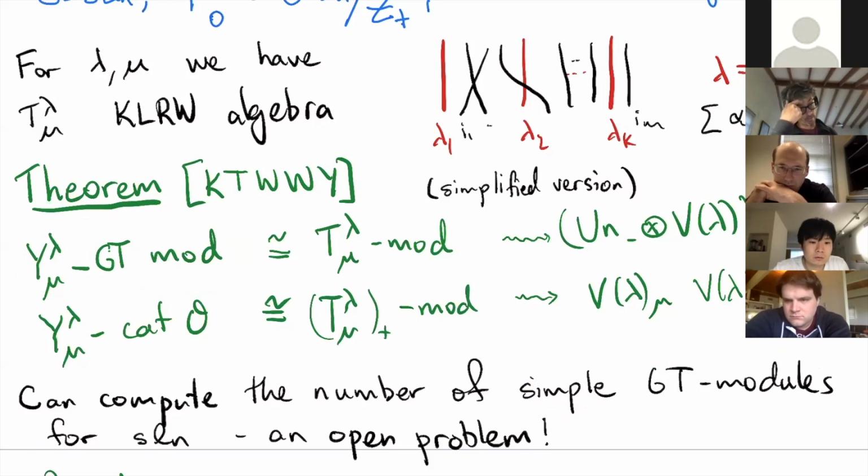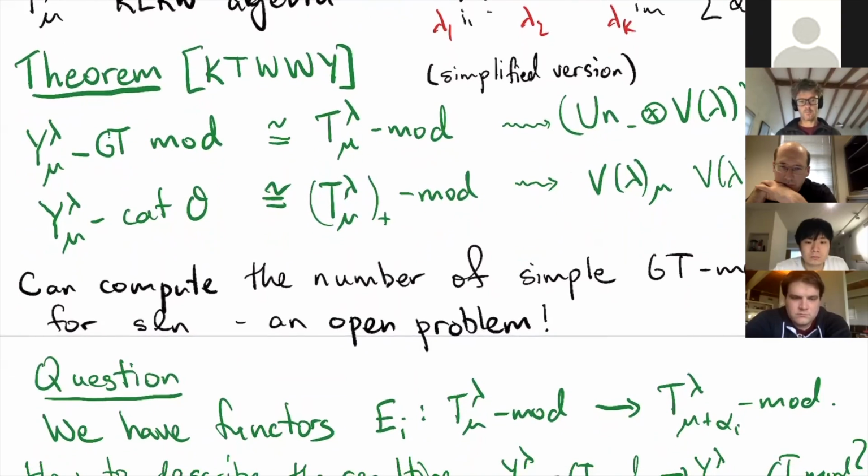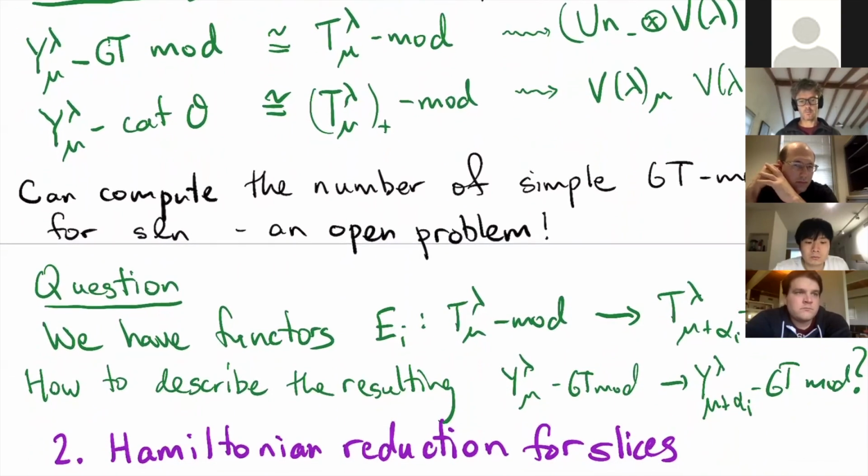We can find the number of simple Gelfand-Tsetlin modules for SL_n, which was surprisingly an open problem which people had worked on for a number of years and had solved in special cases, but now our method gives a general solution. Ben Webster recently wrote a paper developing further the combinatorics of this with a co-author, I think a student, but I don't know his name.